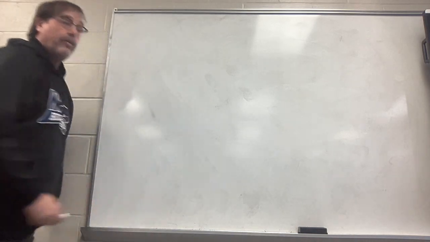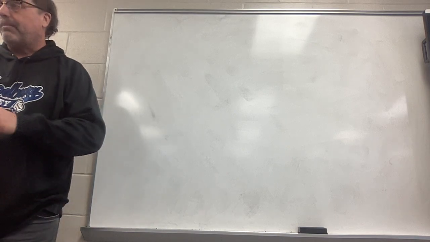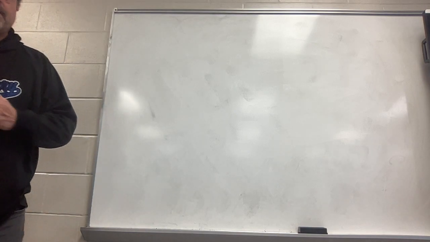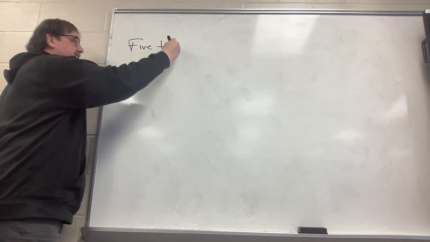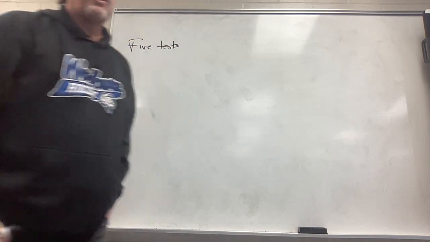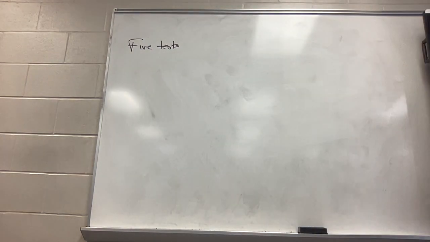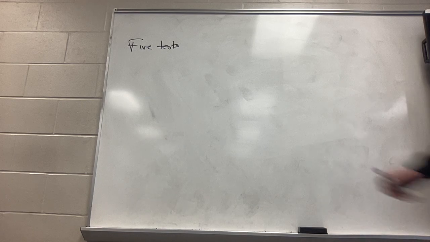I'm going to do one, however. This is a very legitimate problem. You have 5 tests in a class, probably a college class. Homework means nothing. You have 5 tests in a class, and they're all equal.